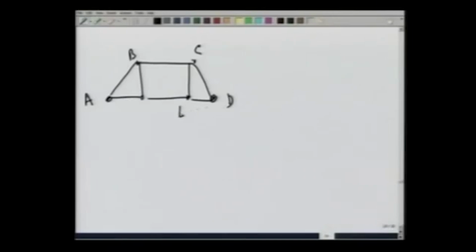To get the forces at points A and D, let me make this again. A, B, C, D, E and F, there is a force of 5000 newtons acting downwards. Let me take the entire truss as one unit.